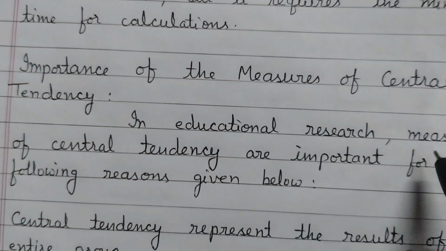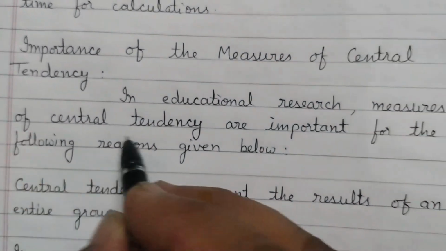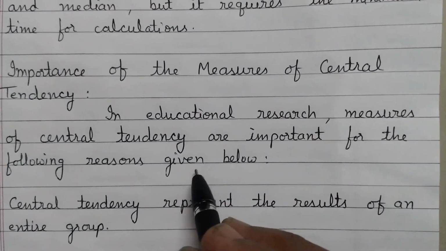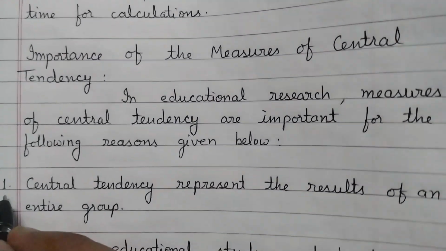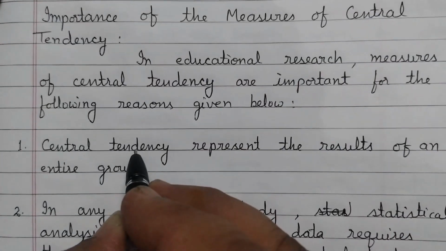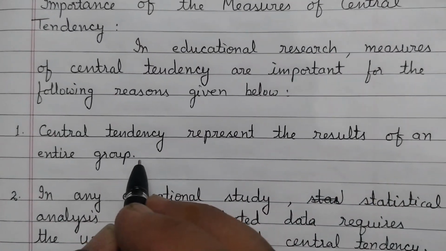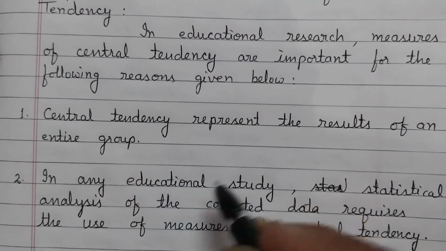Importance, next topic is the importance of the measures of central tendency. In educational research, measures of central tendency are important for the following reasons. First, central tendency represents the results of an entire group.